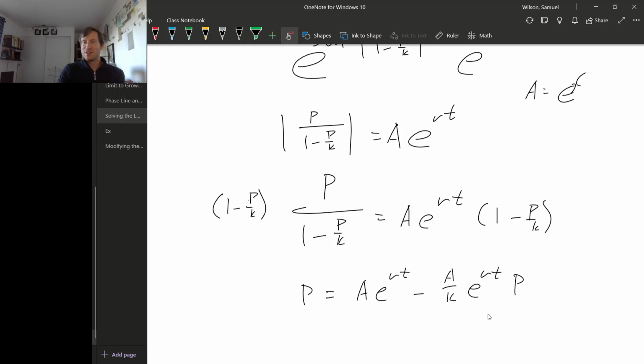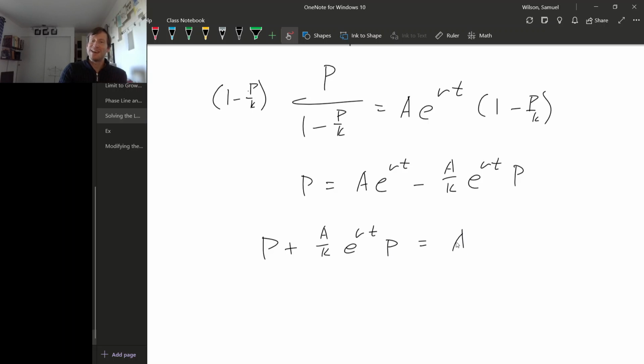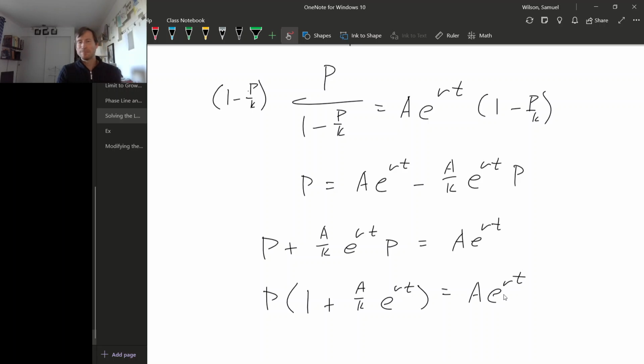And then we can move this term on the right-hand side with p, move it to the left. So now we have p plus a over k e to the rt times p equals a e to the rt. Now we can factor out the p. p times 1 plus a over k e to the rt equals a e to the rt.